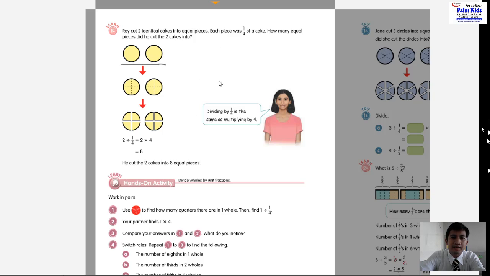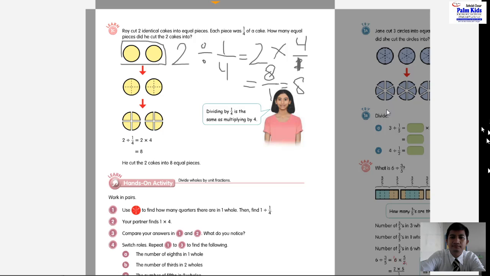So there are two cakes, based on the pictures and the story. 2 divided by 1/4 equals, you change the division into a multiplication operation, then switch the numerator and denominator. This is 1. So 2 multiplied by 4 is 8 per 1 equals 8. So 2 divided by 1/4 equals 2 multiplied by 4 per 1 equals 8 per 1, or equals 8. As simple as that.